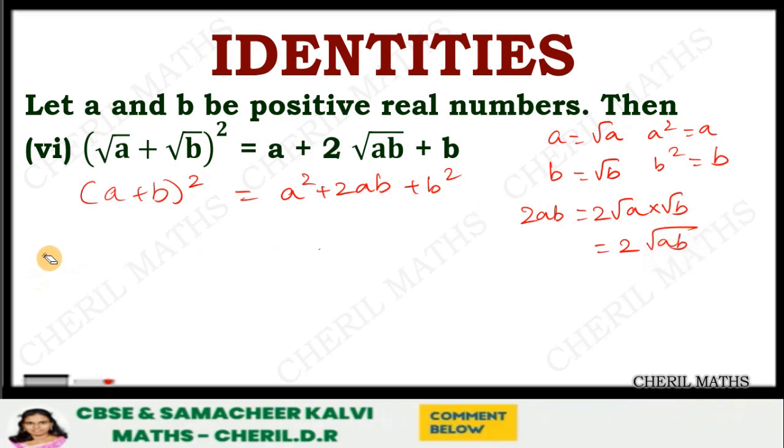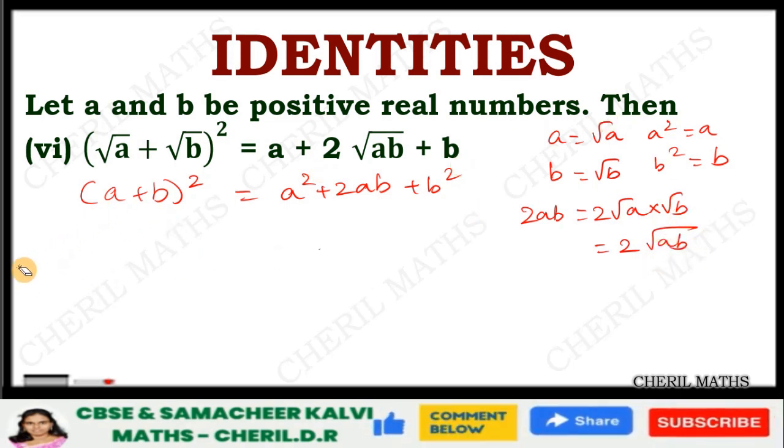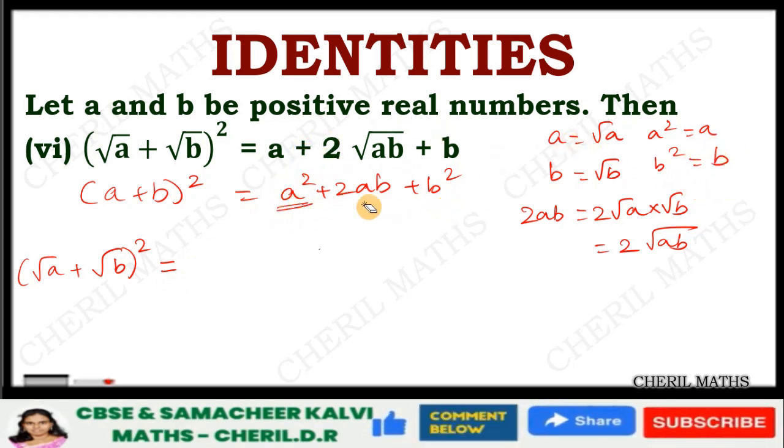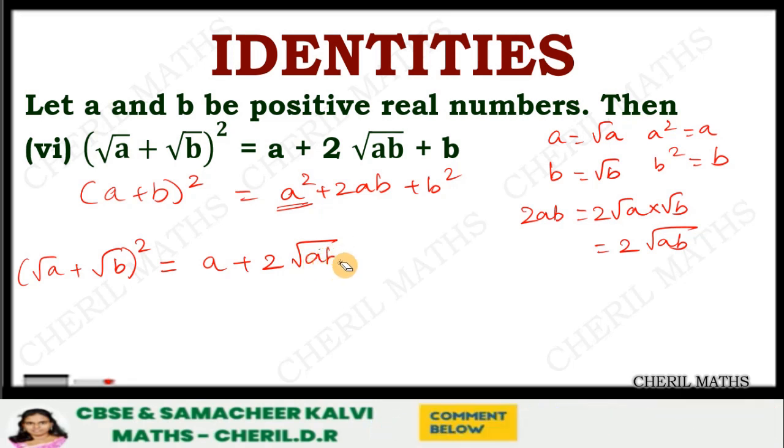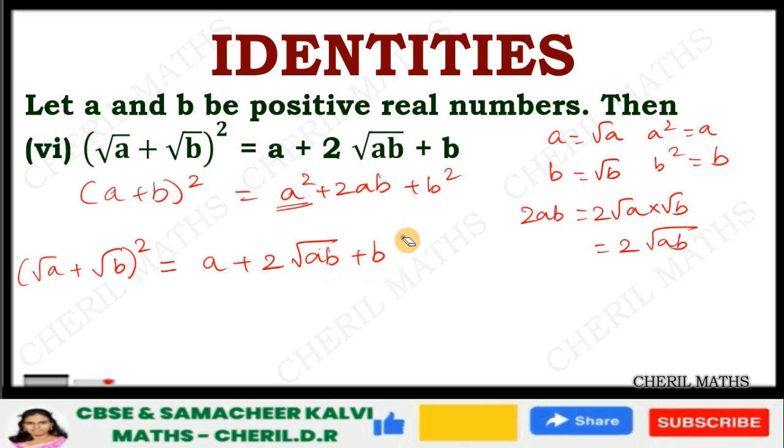So root a plus root b the whole square is equal to a plus 2 root ab plus b. Is it clear, children? Yes.